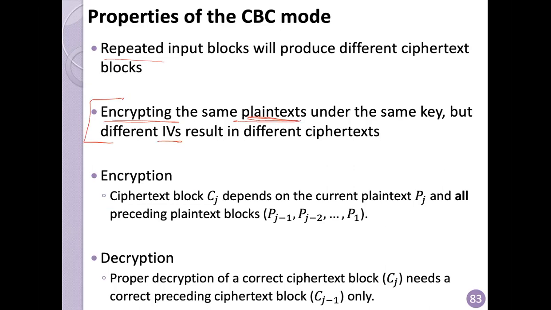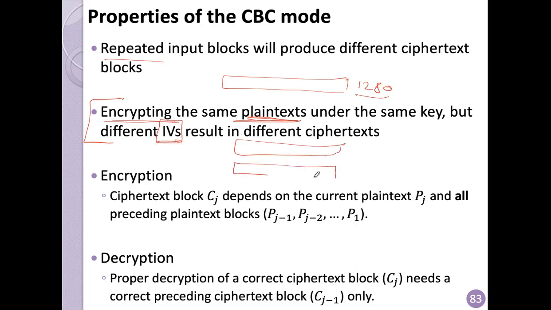If we use the same plaintext, I'm talking about the long data, 1280 bits of data, and we encrypt it two different times with different initialization vectors, we get two different ciphertexts. The cipher 1 and cipher 2 will not be the same. Why? Because the initialization vectors we use are not the same.